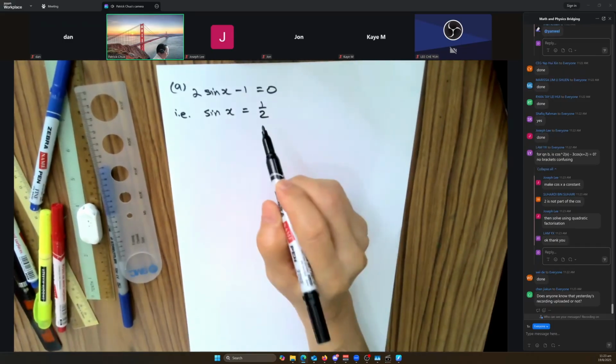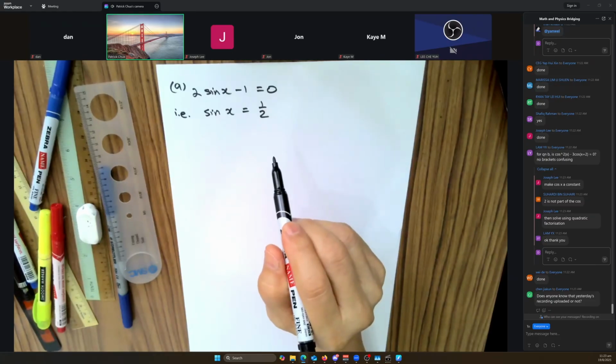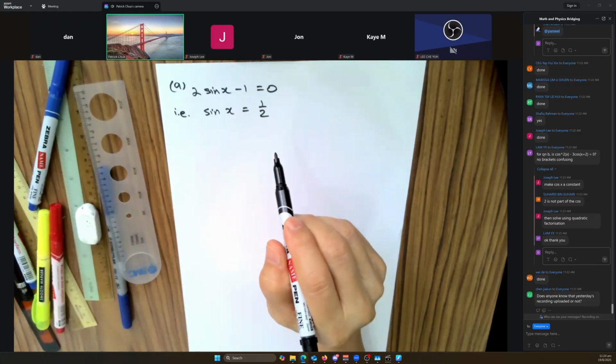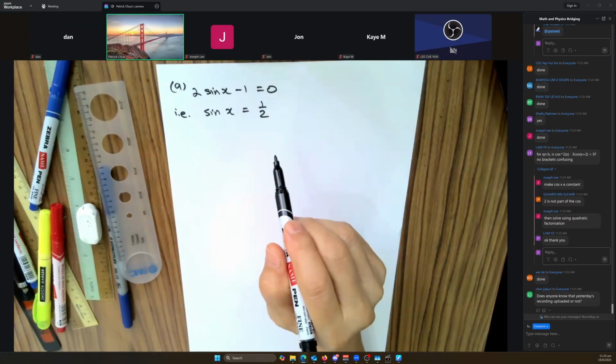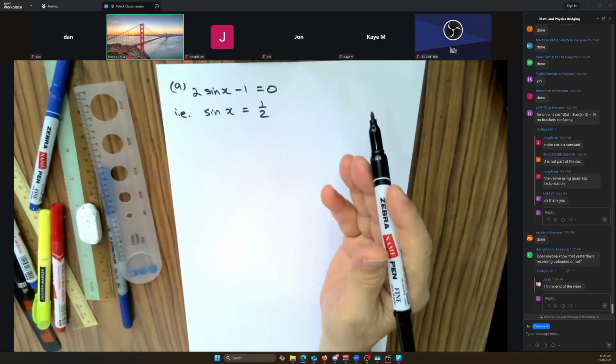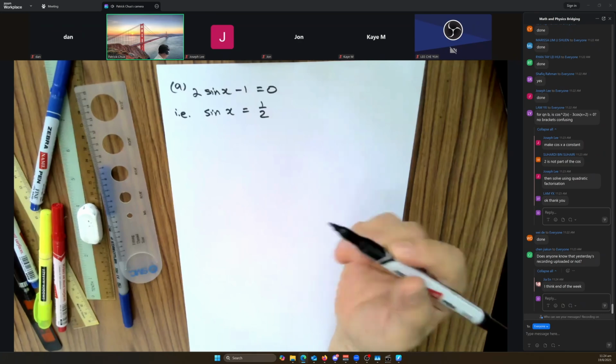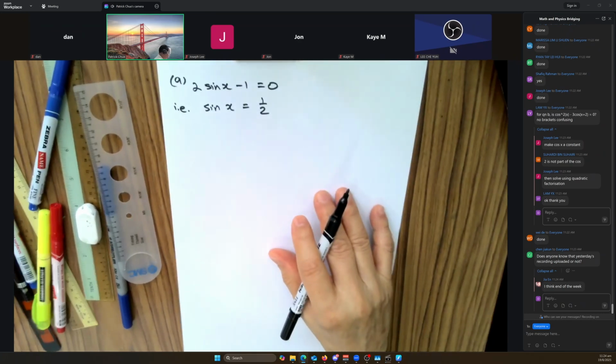Bring the 1 over there, then bring the 2 below the 1. So sine x equals half, and what should x be? You find that x will be 30 degrees. x is like theta.